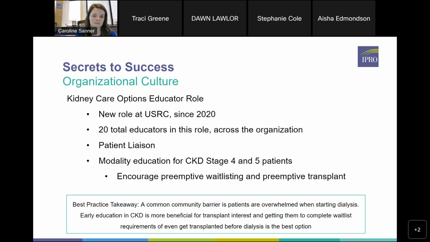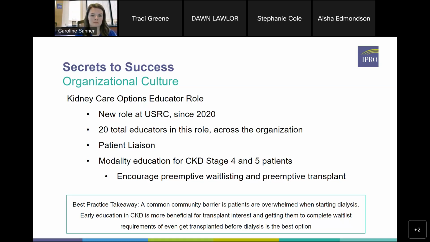The other part of my role is as a patient liaison. So whether it's pertaining to an in-center patient who wants to transition to home or educating a patient on transplant, I am normally the go-to person for the staff in Orange. I normally educate CKD stage 4 to 5, depending on when the referral is made.